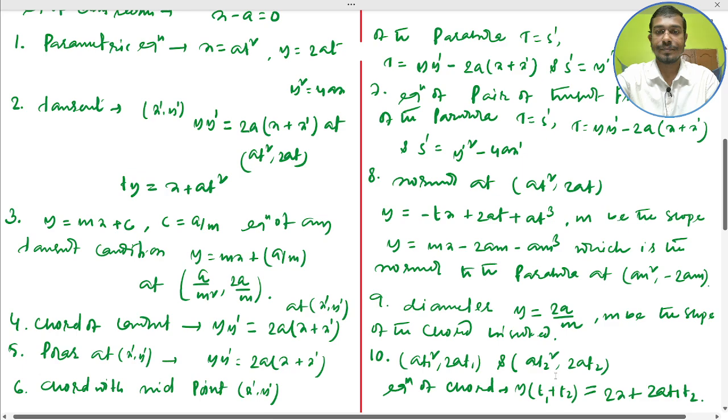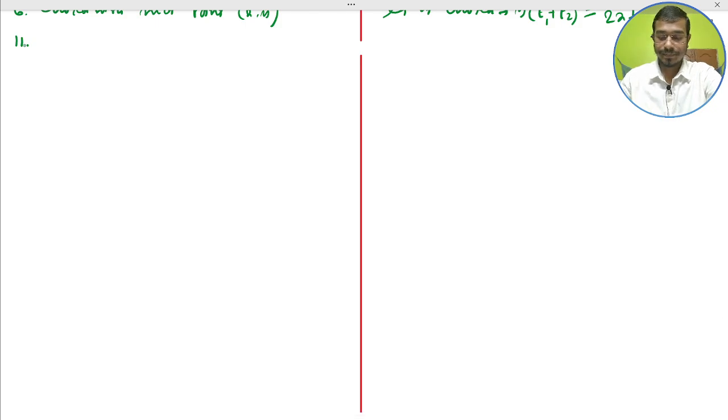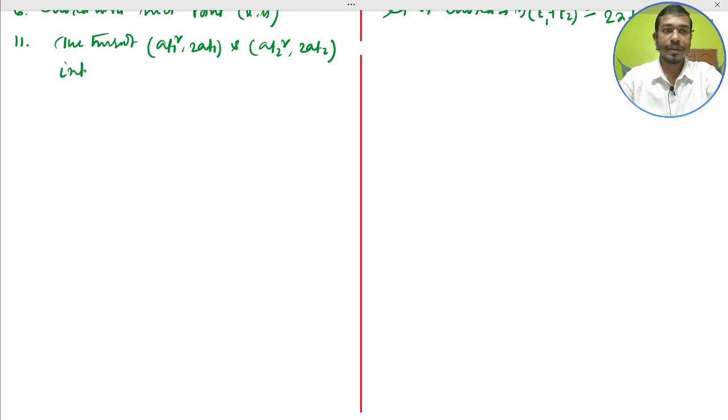Number 11. The tangents at the points (at1², 2at1) and (at2², 2at2) intersect; just solve these equations and you would get the intersection point.